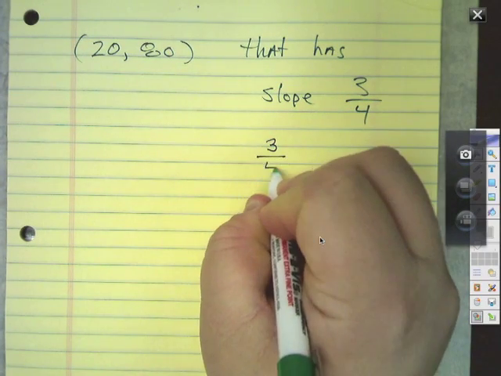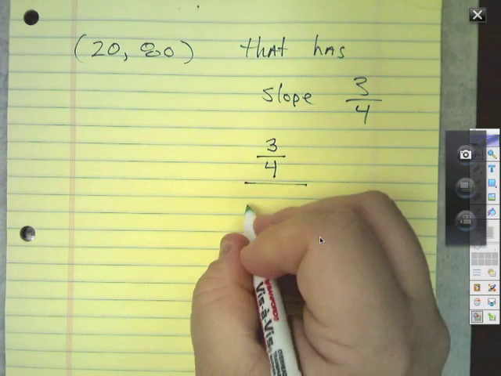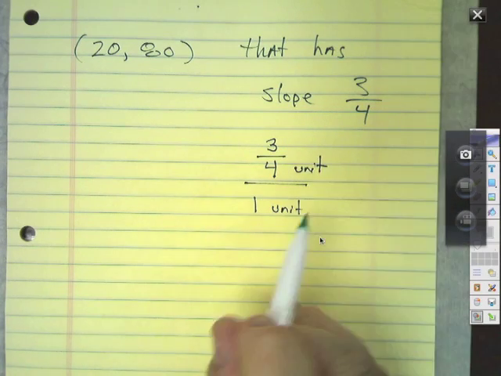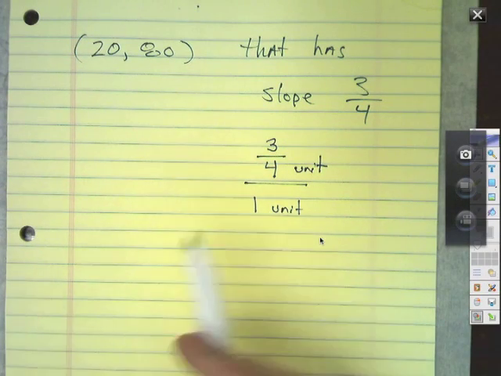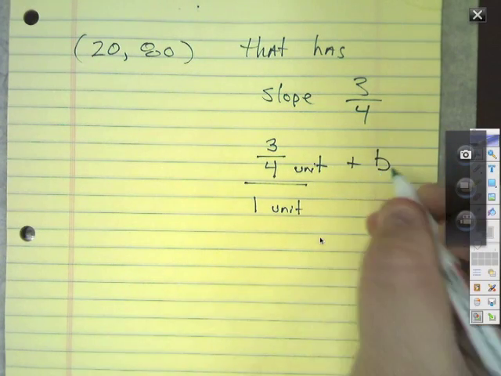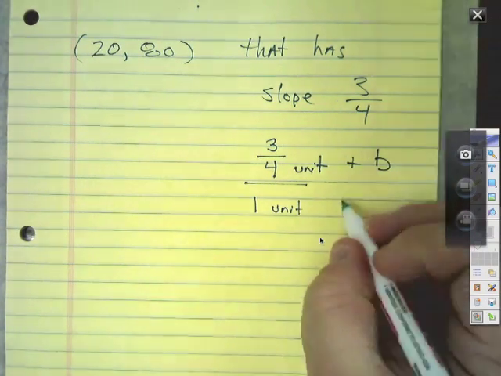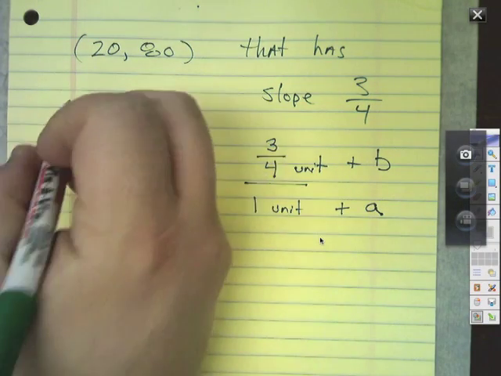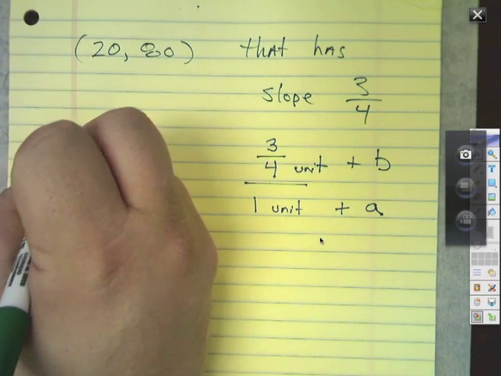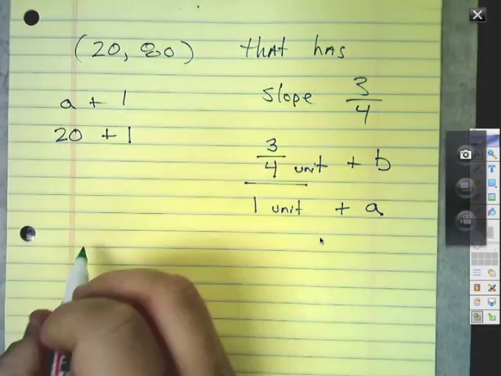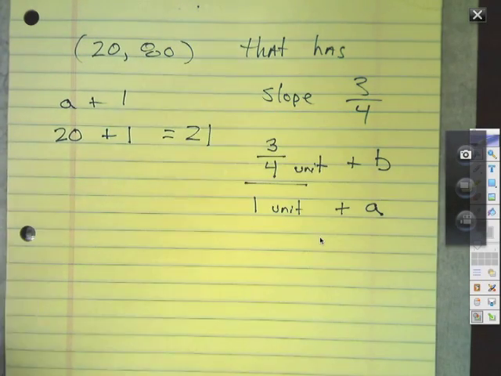So that means we're moving 3/4 of a unit for every 1 unit. So we're going to take this and add it to B. We're going to take this and add it to A. A in this case is 20, so I'm going to add 1 to it. Gives me 21.